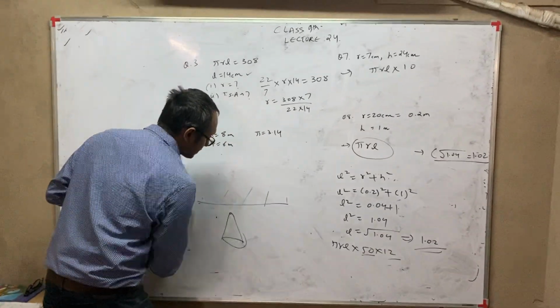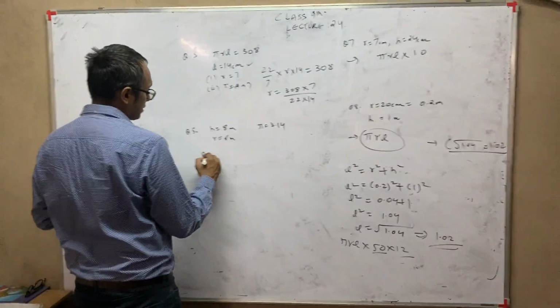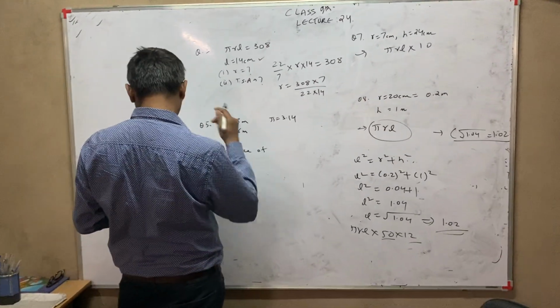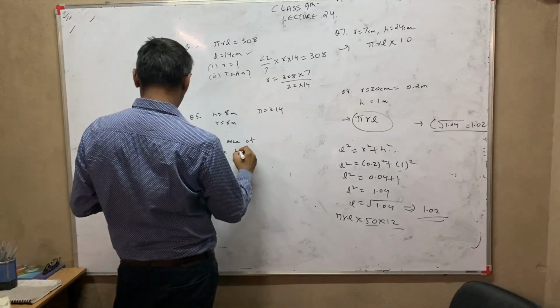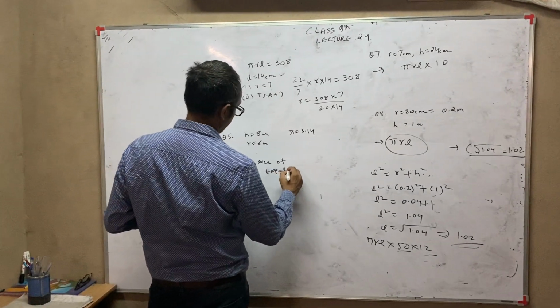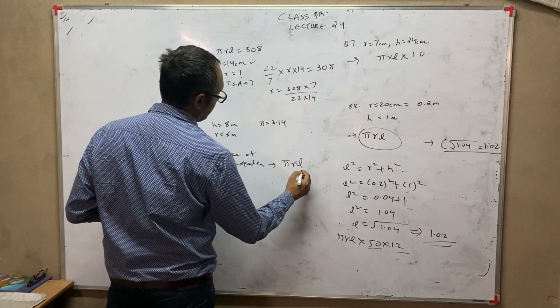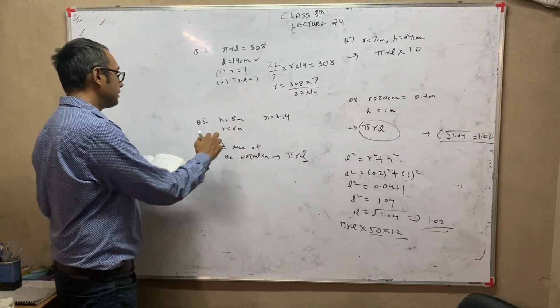So in this sum, first step I want you to do is find the area of the trampoline. For this you will use the formula pi r L, and L of course we have to calculate because in the question they have given you r and h.